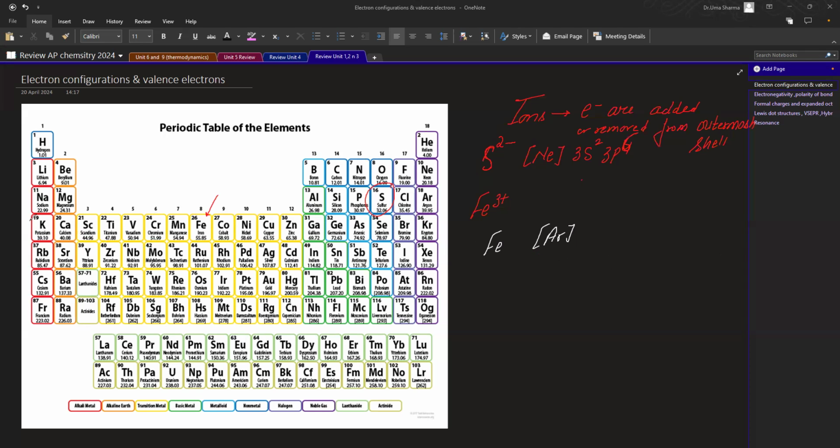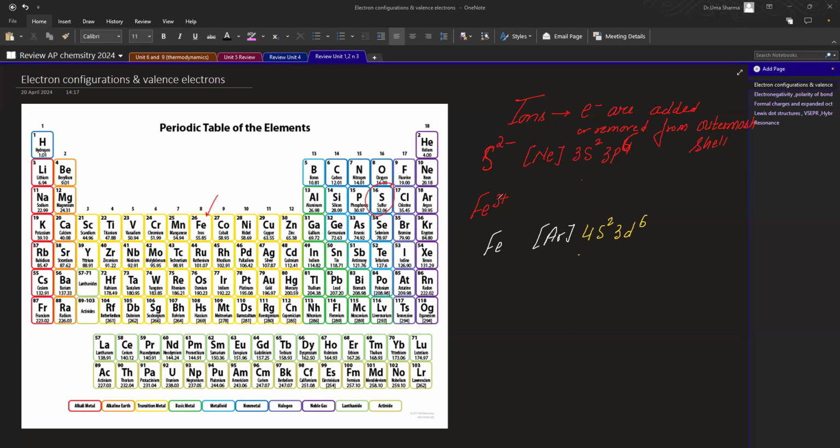4s2. What is the outermost valence shell here? Which one? 4s2, yes. So when you are removing electrons, you have to remove from 4s or 3d? 4s, yes.